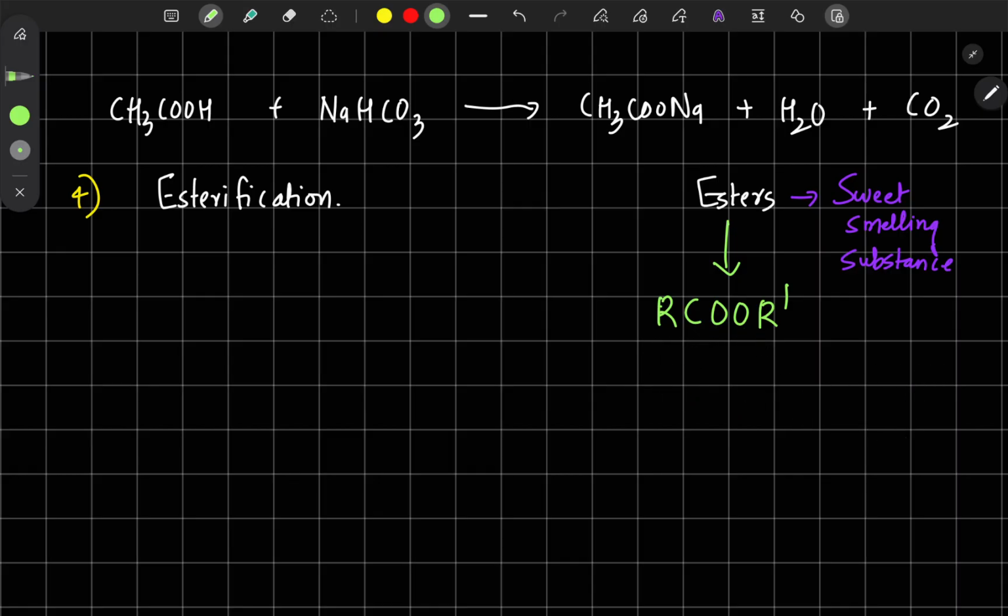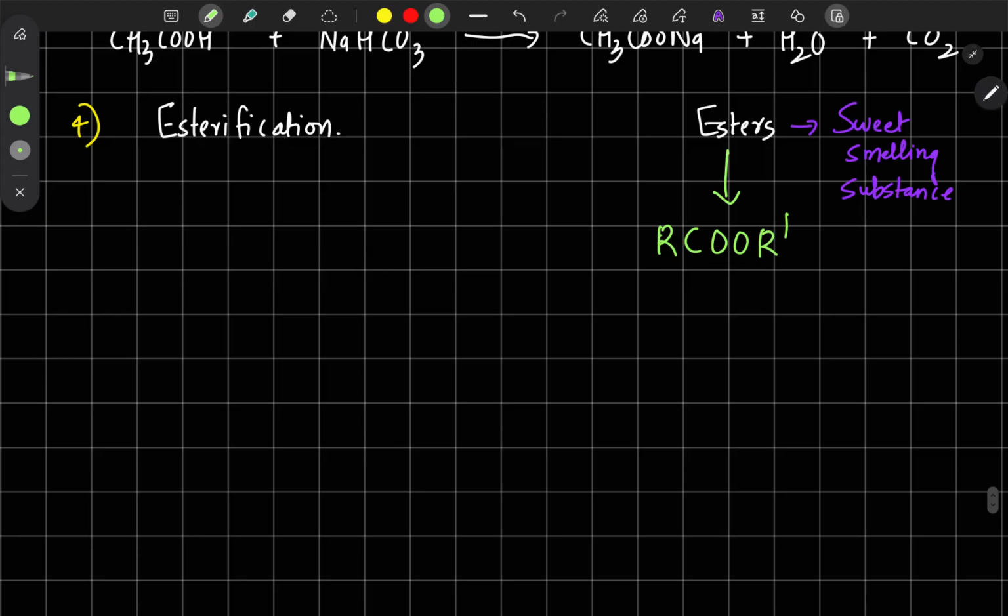These are esters. Esterification is a type of reaction in which an alcohol reacts with acetic acid. So alcohol plus acetic acid will give an ester plus water.